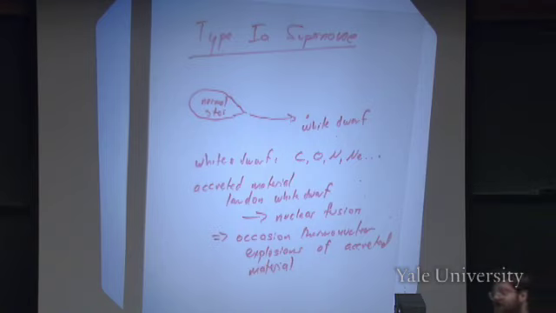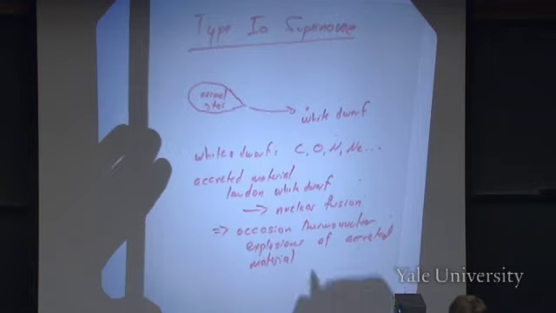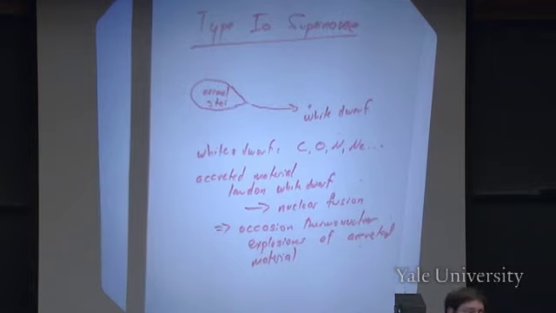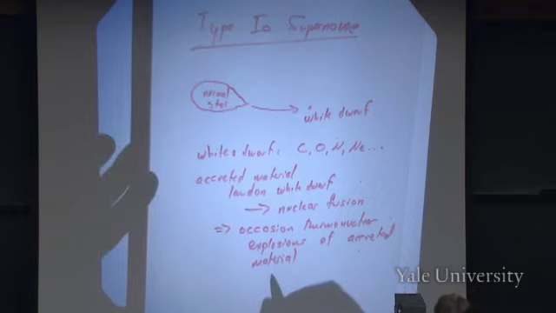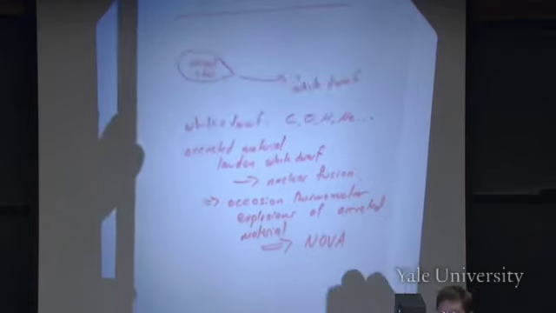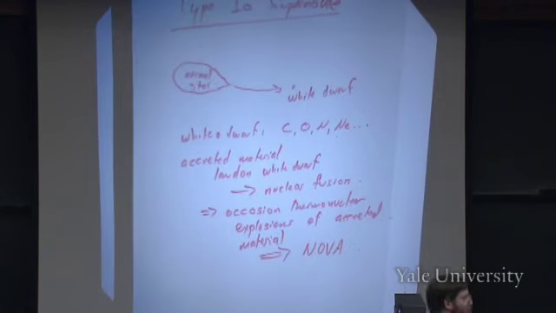You pile up all this hydrogen and helium, and finally it gets dense and hot enough to explode, and then it explodes all at once. Huge hydrogen bomb on the surface of this white dwarf. And that makes the system much, much brighter because there's all this stuff exploding. This is the phenomenon we call a nova, because it looked to the ancients as if a new star had appeared because the thing had gotten so much brighter.